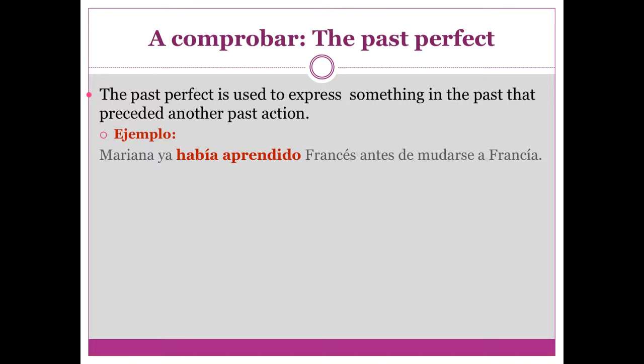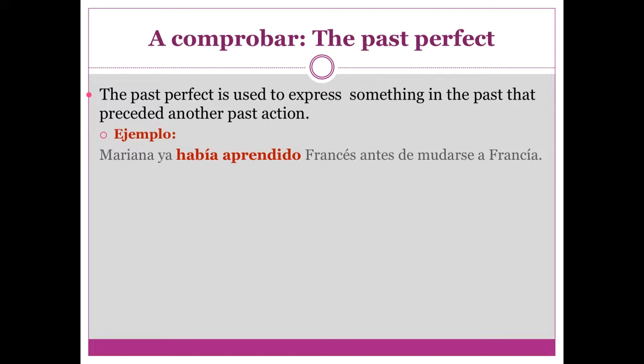Well, she learned French first. Then she moved to France. But they're both in the past tense. Había aprendido shows that she did that in the past before she moved to France in the past.